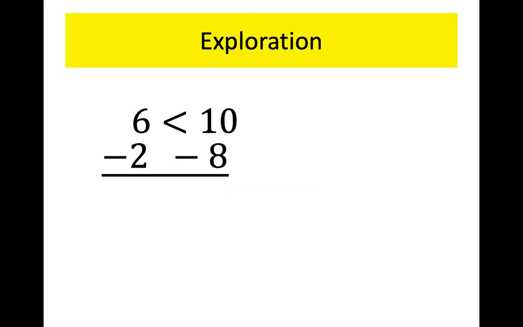So let's not subtract the same thing from both sides. 6 minus 2 is? 10 minus 8 is? And we clearly get, well, this means 4 is not less than 2, okay? So you are allowed to subtract the same thing from both sides for inequalities, just like you are for equations, just as long as it's the same thing.